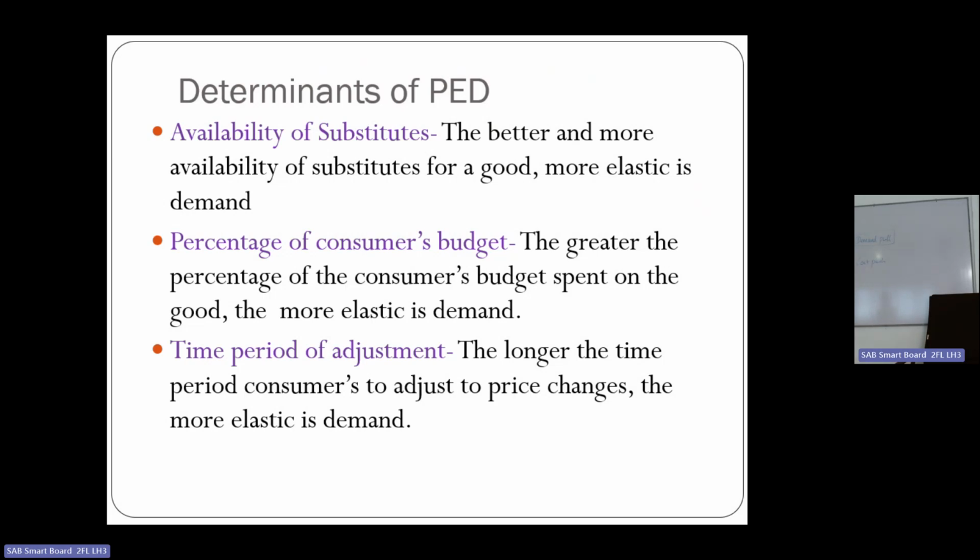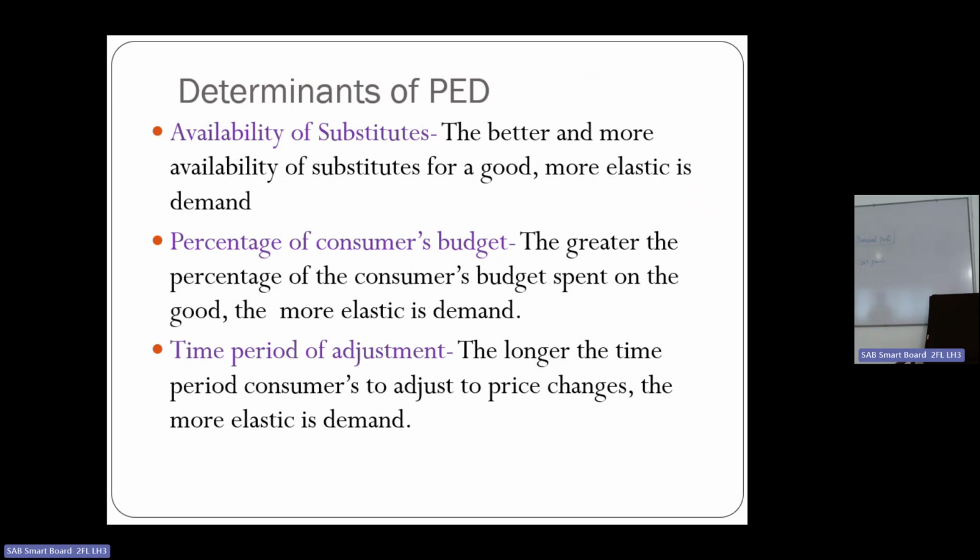Time period. Time is a significant factor. If we have a price increase, the time period may be the short run or the long run. Immediately when the price increases, it takes a certain time for it to take effect.